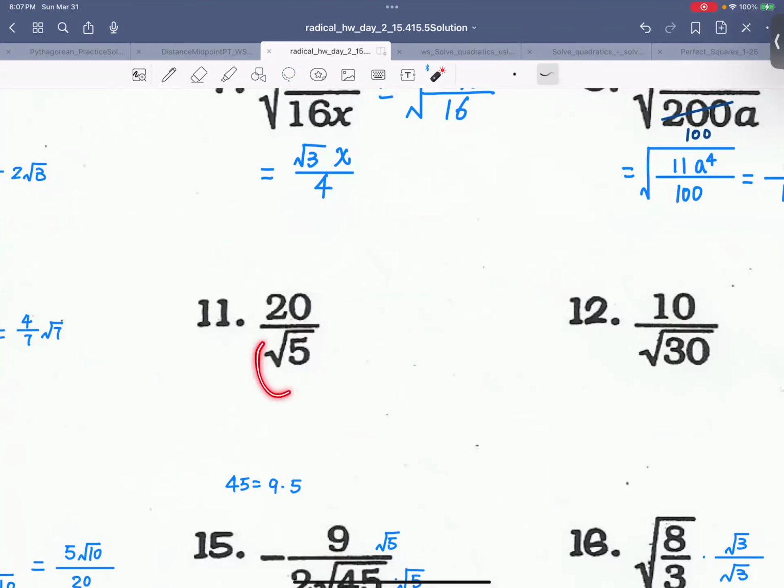When you have a radical number on the denominator, so what will you do? So for over here, Chloe, when you have the radical on the bottom, you will times this same radical, okay? So you will times the square root 5 for the top and also for the bottom. Go ahead. Now your denominator becomes what?